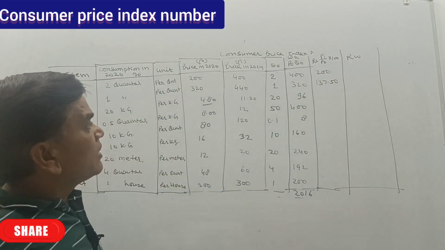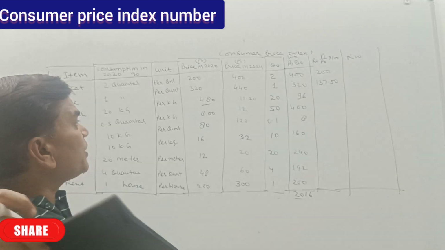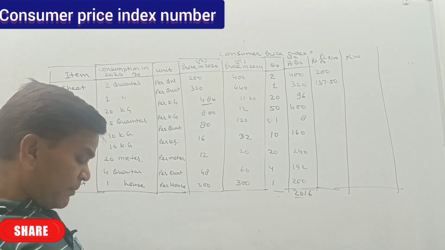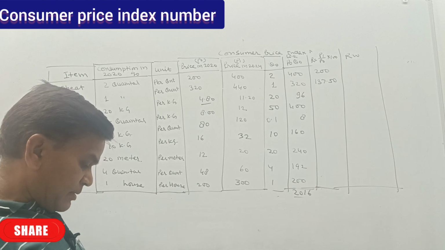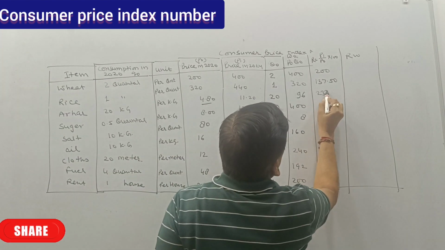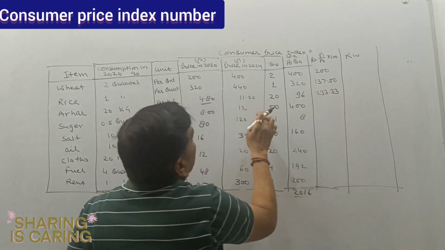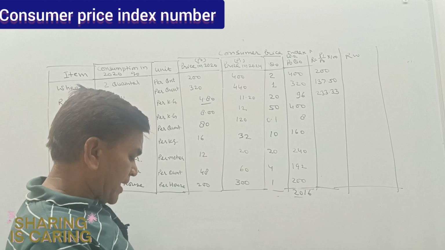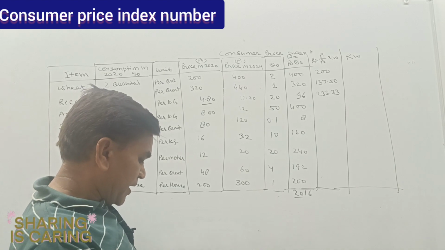Next one, 11.2 divided by 4.8 multiplied by 100, that is 233.33. Next is 12 divided by 8, 150.